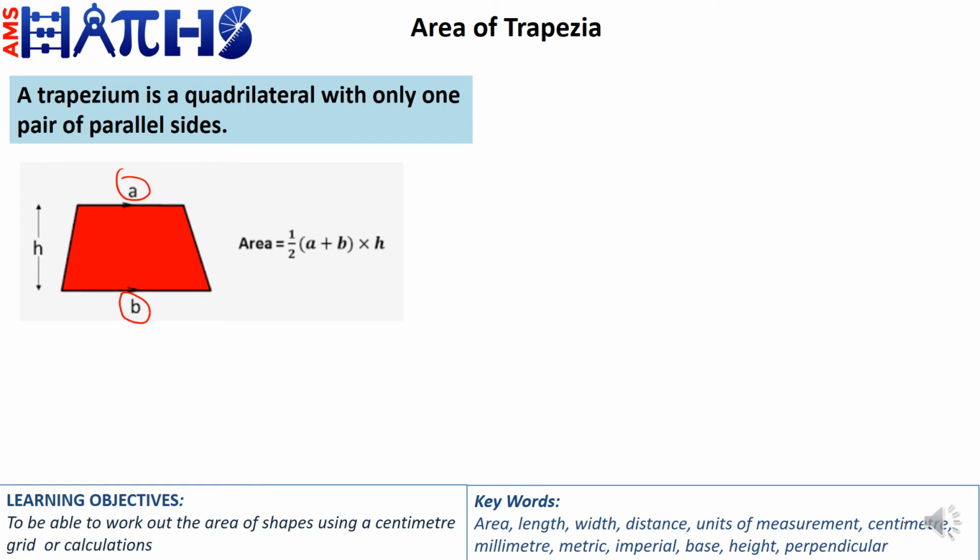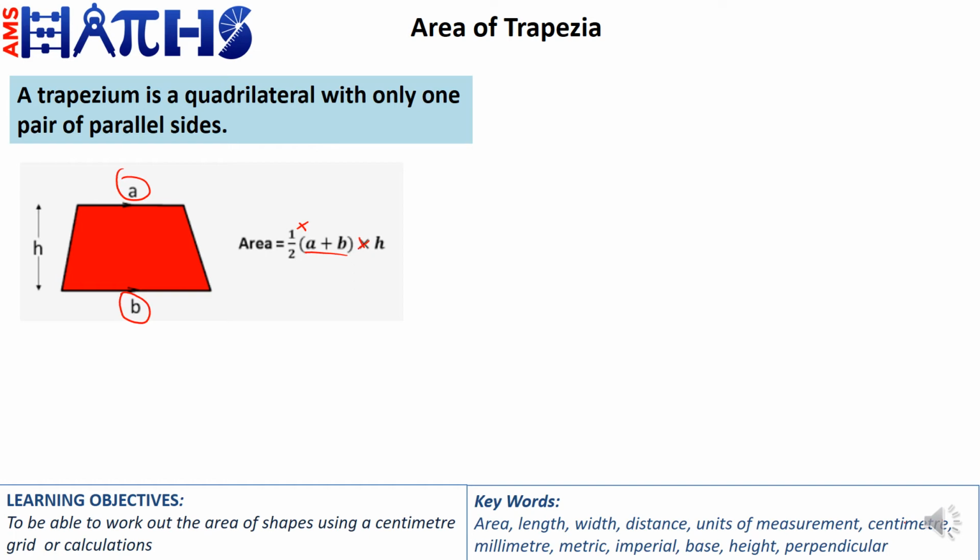The height between the parallel sides is also very important for our formula. The area of a trapezium is given by half multiplied by the sum of the parallel sides. So we add the parallel sides A and B, and then multiply by the height.